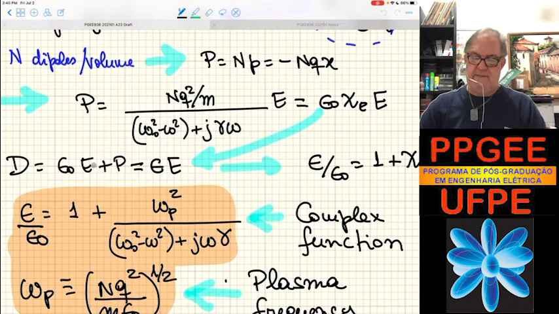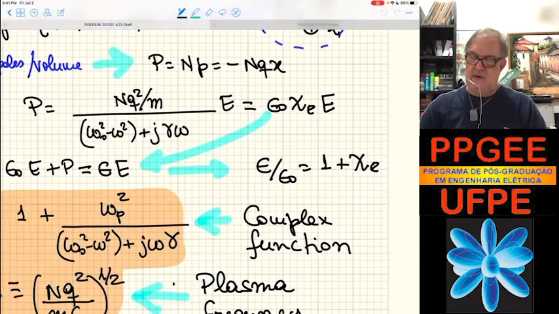Epsilon 0 E plus P, or epsilon over epsilon 0 equals 1 plus chi. So chi, I'm saying key, but it's chi. Chi is in Portuguese. Chi can be determined. Cancel this E here, right? So we're going to have an epsilon 0 down here.